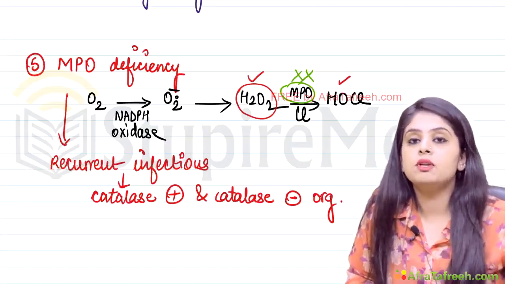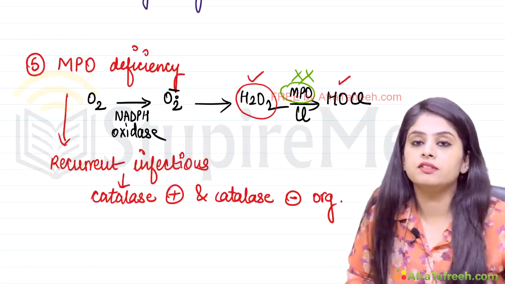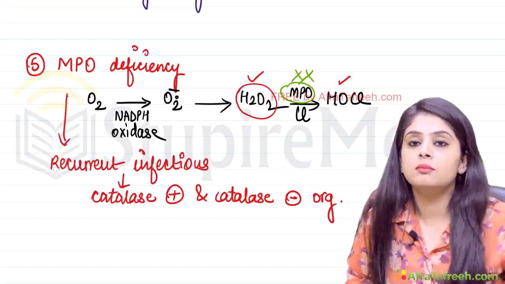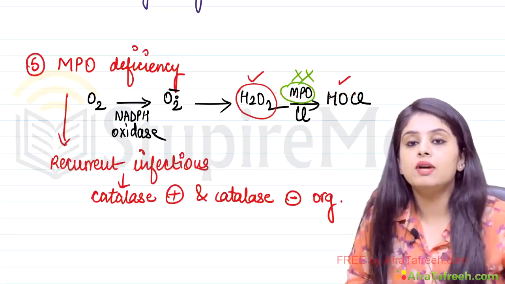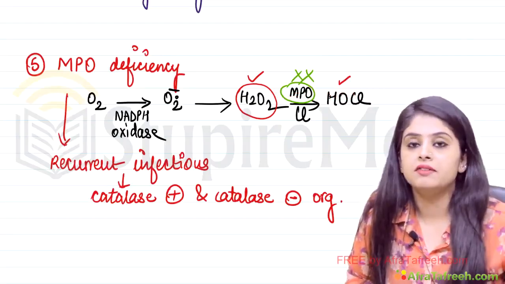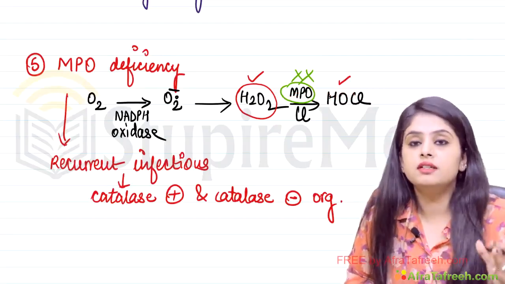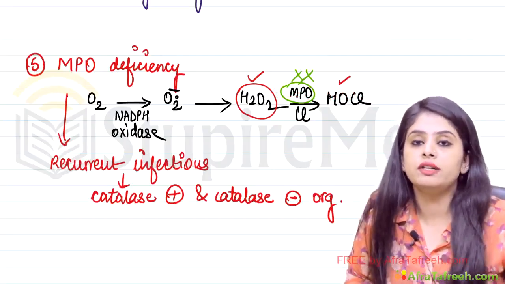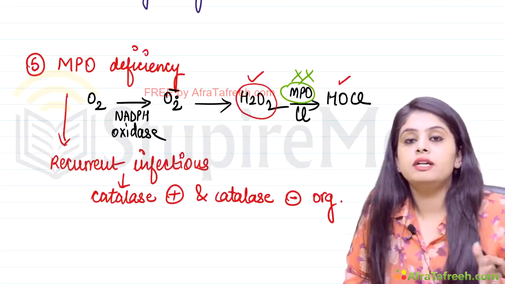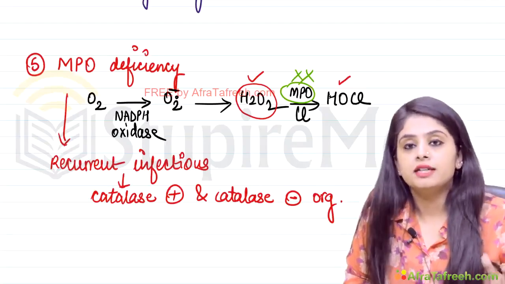Please recall, MPO was myeloperoxidase. This is a very important enzyme in the H2O2 MPO halide system that we have. So these were all the clinical correlates that you need to know when you are dealing with the events of inflammation.